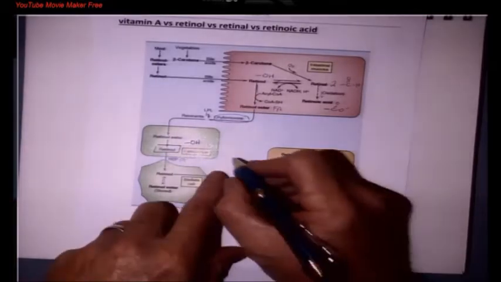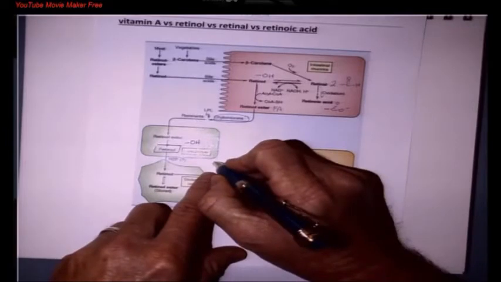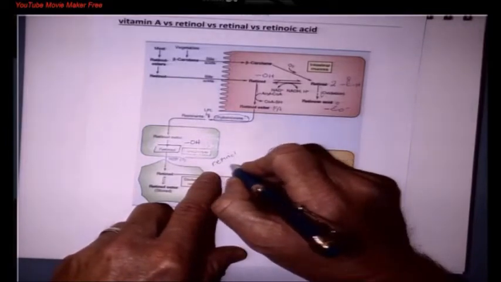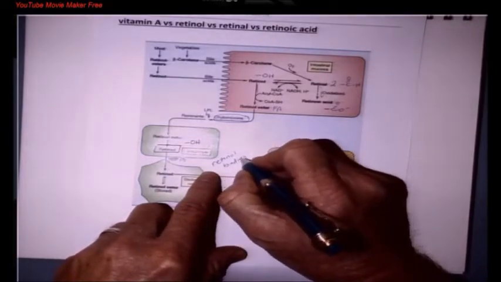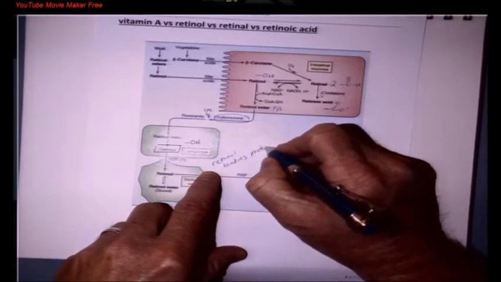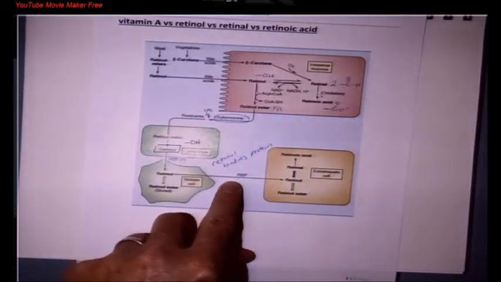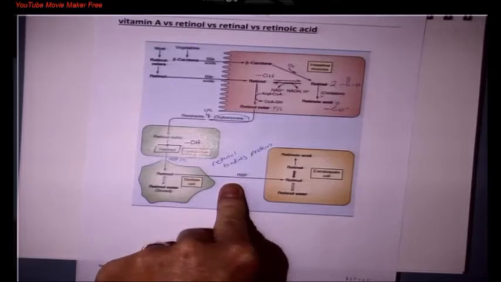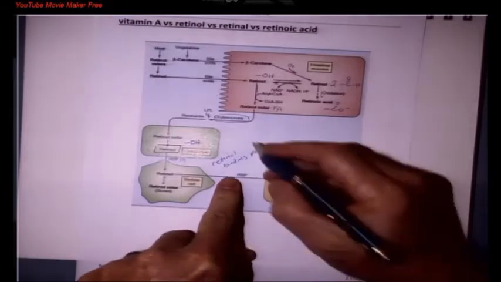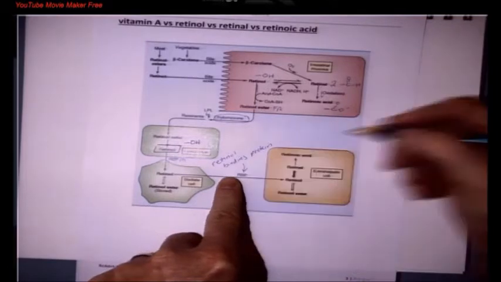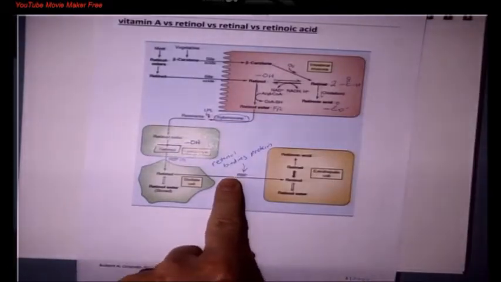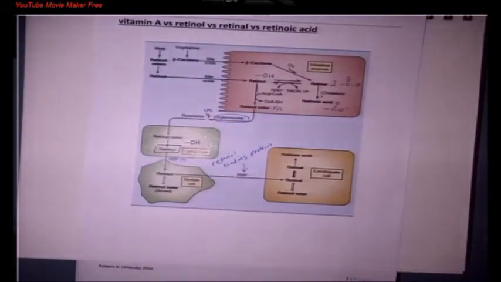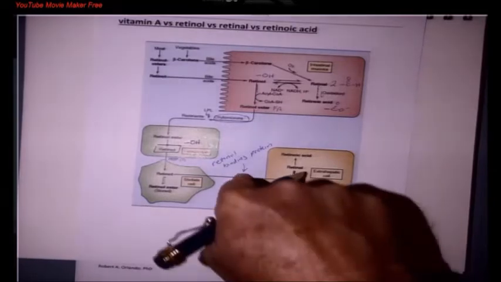Now here's our RBP, retinol binding protein. This is the major protein. Transthyretin, I do not believe, is the major protein that carries retinol. RBP is the major protein. And so we need a carrier protein, primarily because, again, it's a lipophilic molecule.